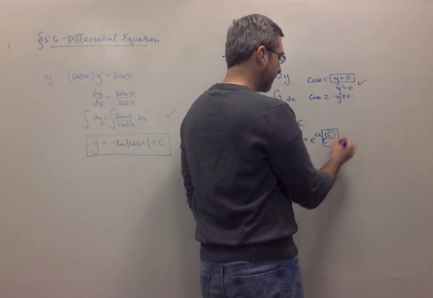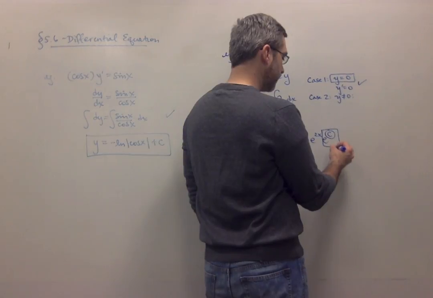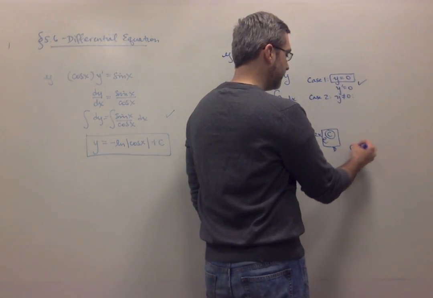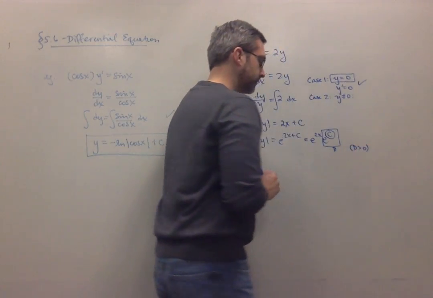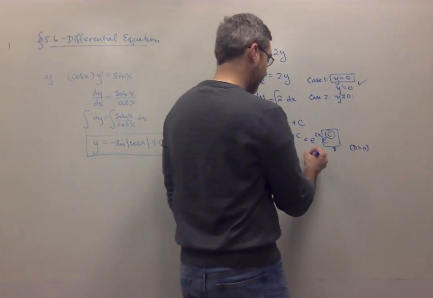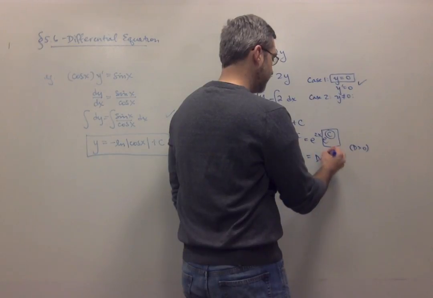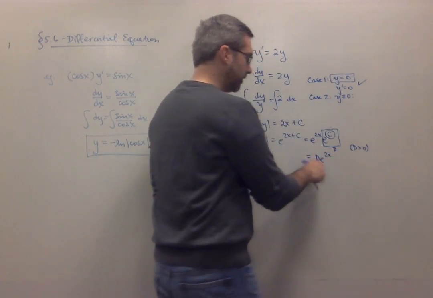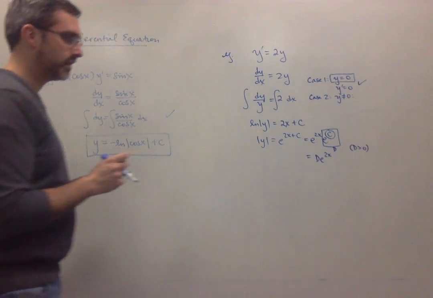So if I replace this with another number, like d, then d has to be a positive number. If I write this as d e to the 2x, d can only be a positive number there, since e to any number can only be positive.